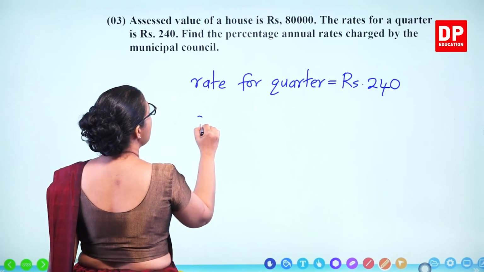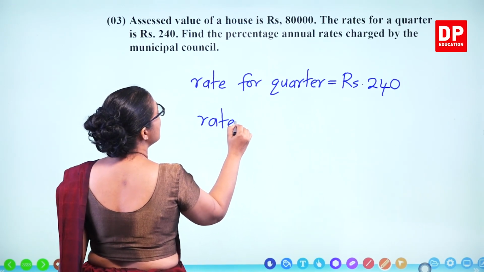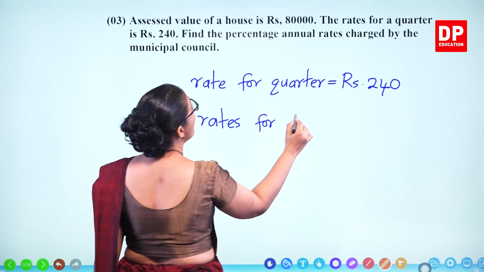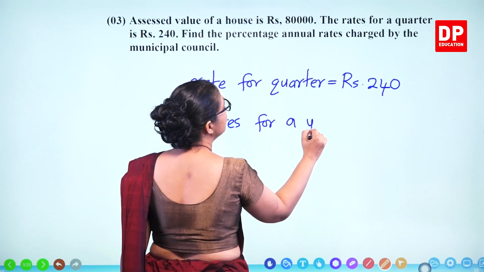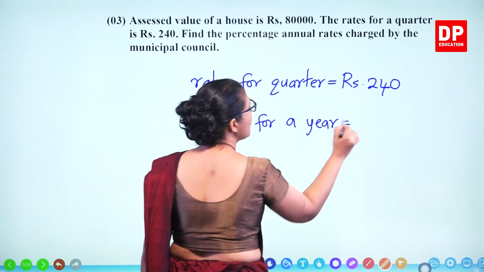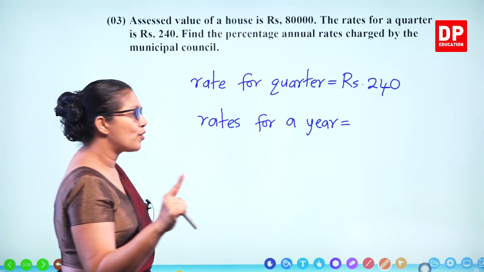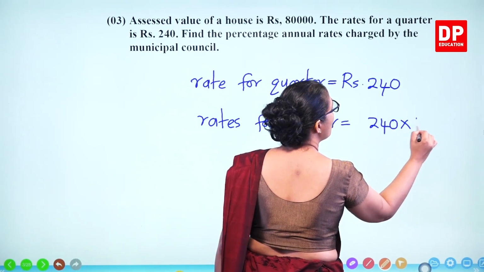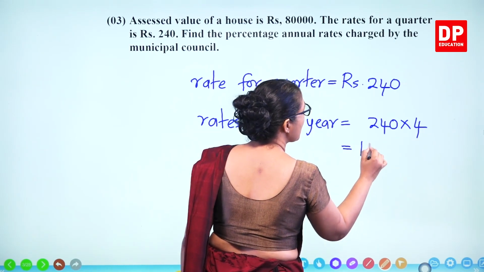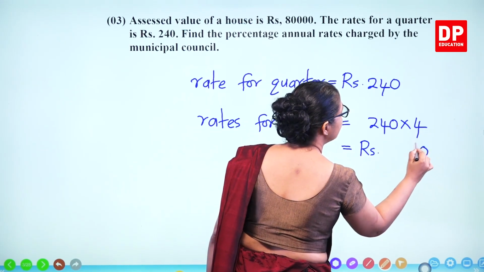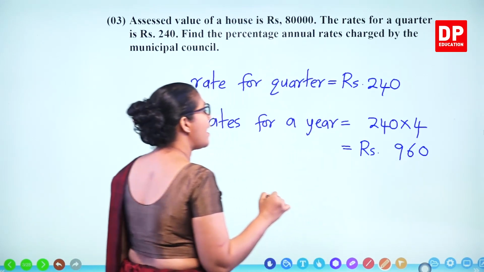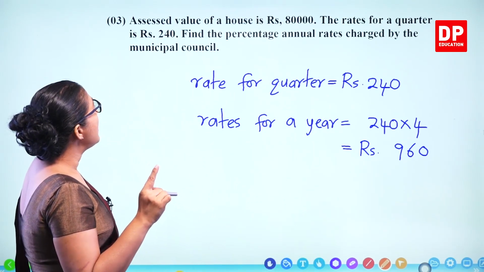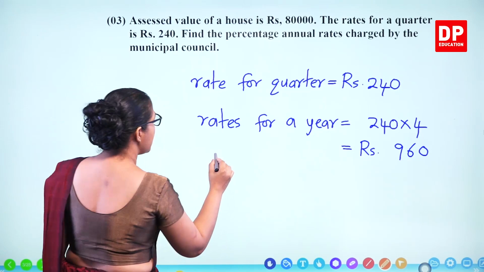And what about the rates for a year? You multiply by 4 because a quarter means 1/4 of a year. So 240 times 4, you get 960.